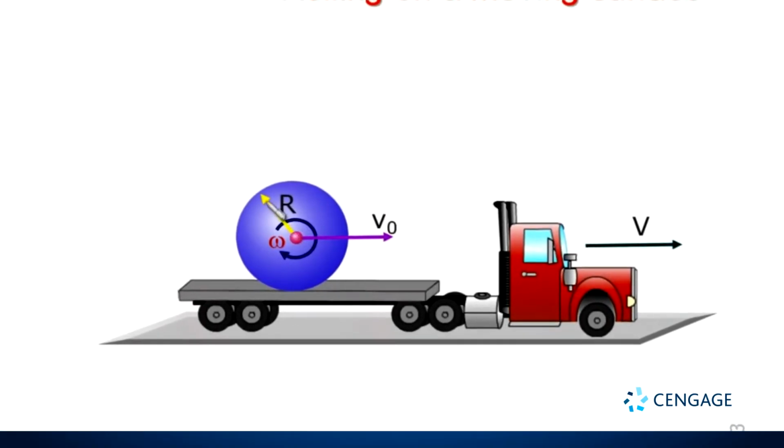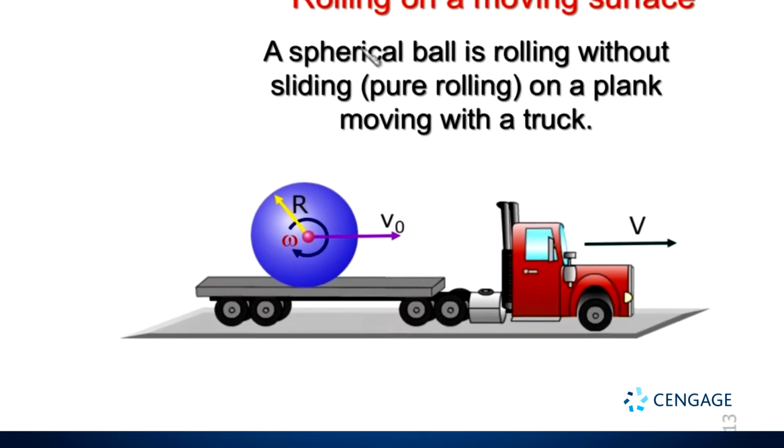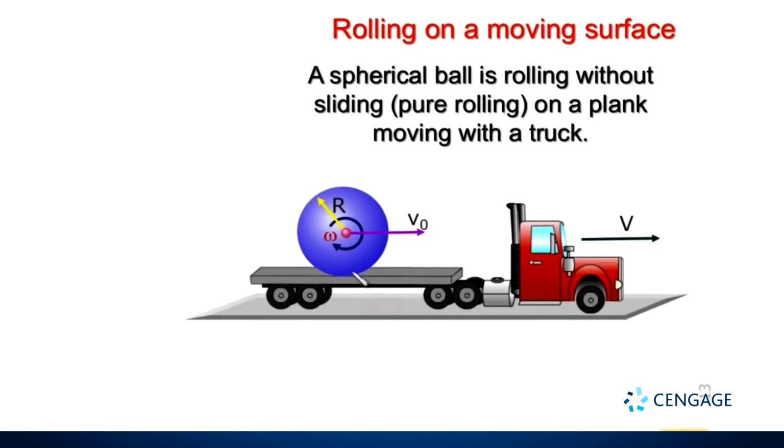The radius of the spherical ball is r, and the velocity of the center of the ball is v naught, that is with respect to ground. Here this velocity v naught is with respect to ground, and omega is the angular velocity of the ball. It is given this spherical ball is not sliding with respect to the plank, that is it is rolling without sliding, that is the case of pure rolling.